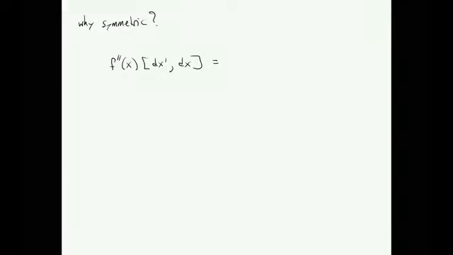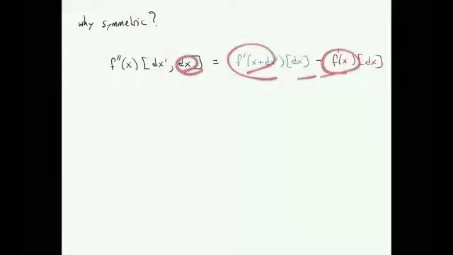There's a term that comes from f primed of x plus dx prime acting on dx, minus f primed of x acting on dx. That's just the definition I did before. The f double primed is the difference of these two linear operators, so acting on dx it is the difference of what they do on dx.